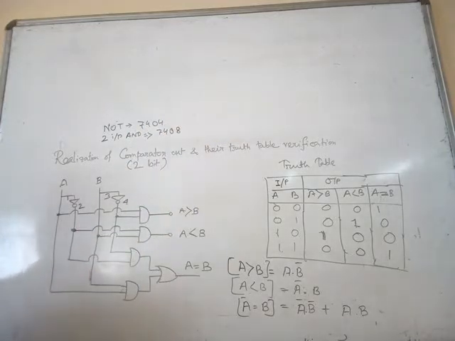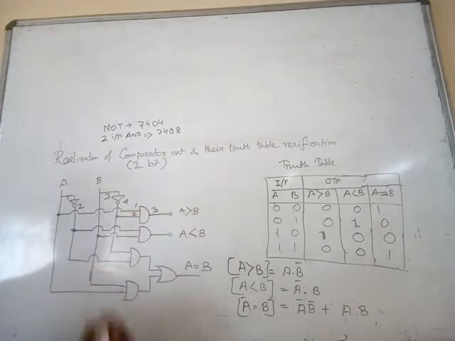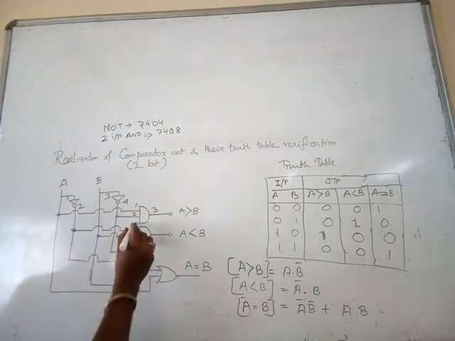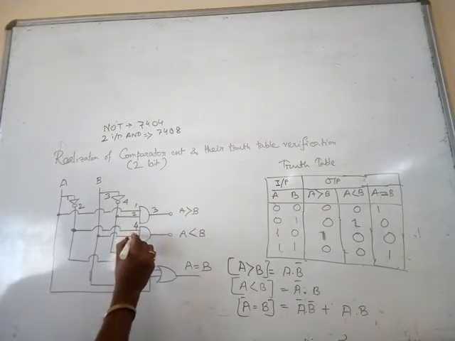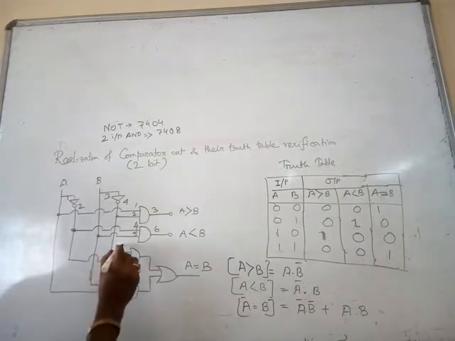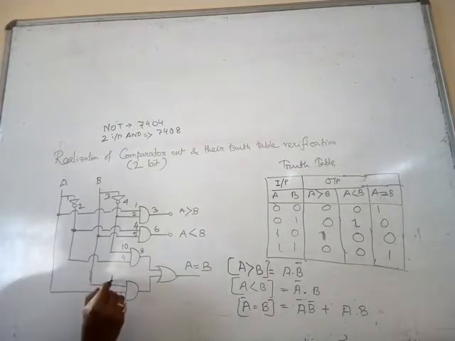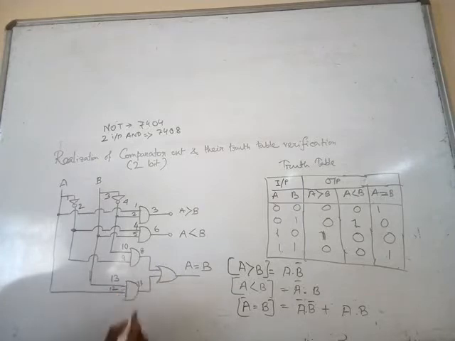There are 4 gates in the IC. First gate 1, 2, 3. Next gate 4, 5, 6. Third gate 10, 9 inputs, 8 output. And the fourth gate 13, 12 are the inputs, 11 output.